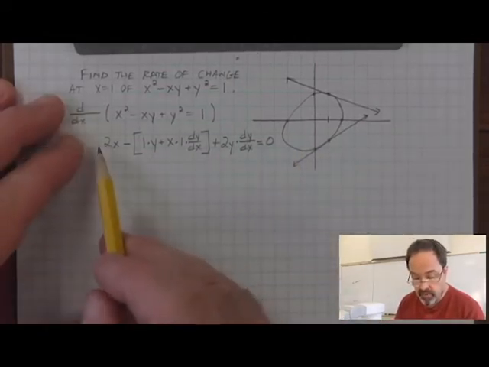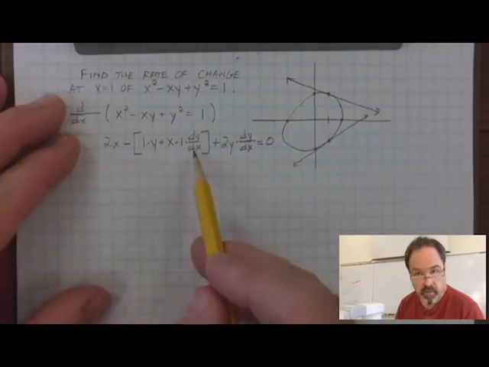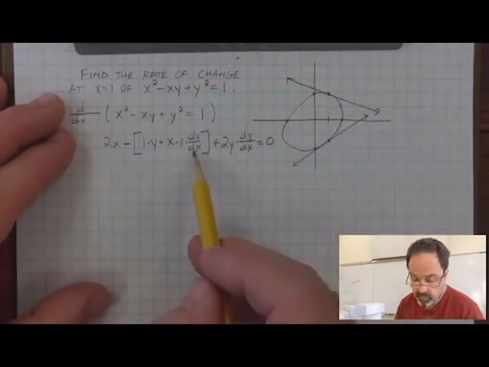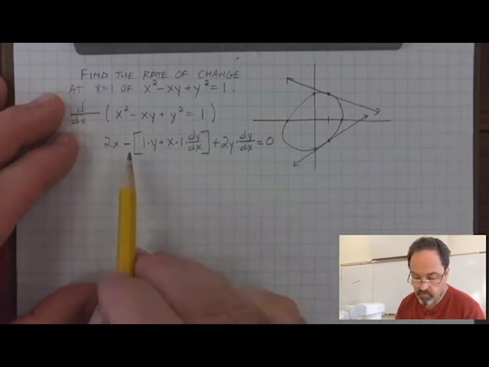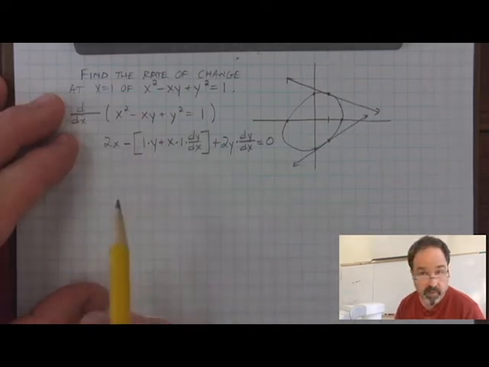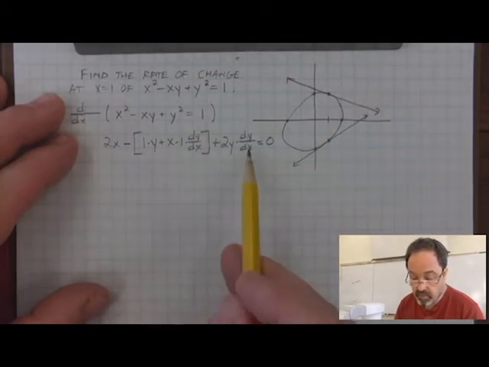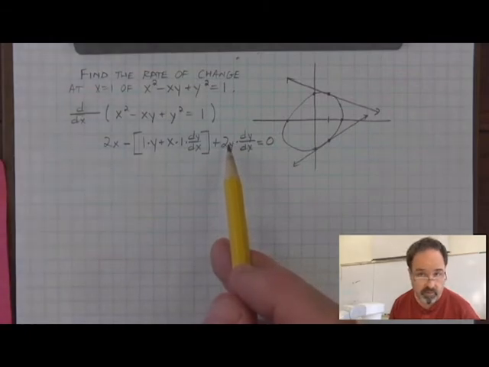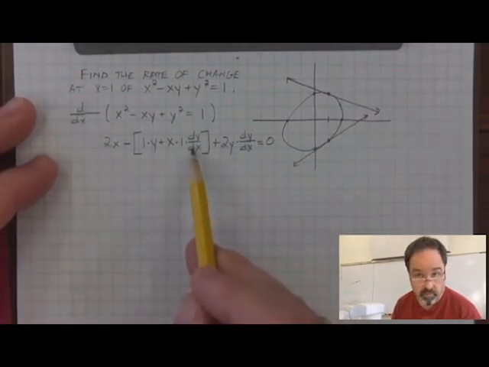So to clean this up, I need to solve for dy over dx, and then I'll evaluate. Solving for dy over dx in this case means that I'm going to need to distribute the negative, combine like terms, and then collect those terms that include the dy over dx so that I can factor it out and put it in one place rather than having it in two.